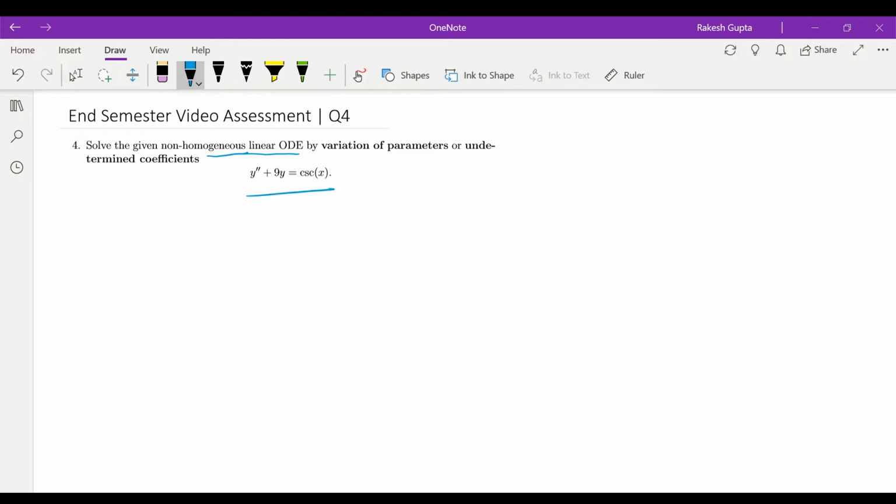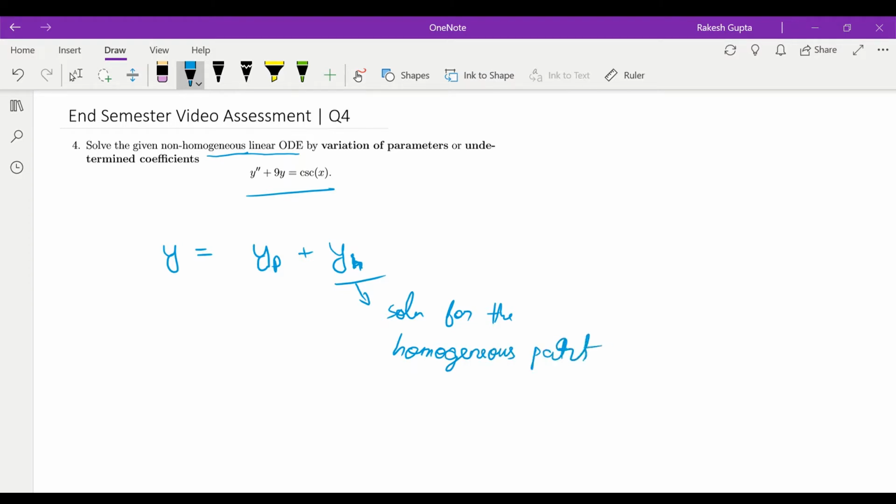As we know, the general solution is given by the linear combination of two solutions, where YH is the solution for the homogeneous part, and this is called the particular solution.